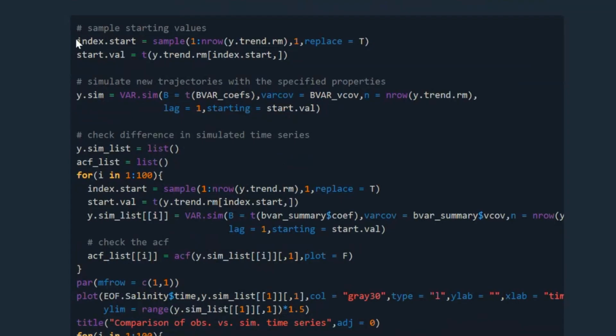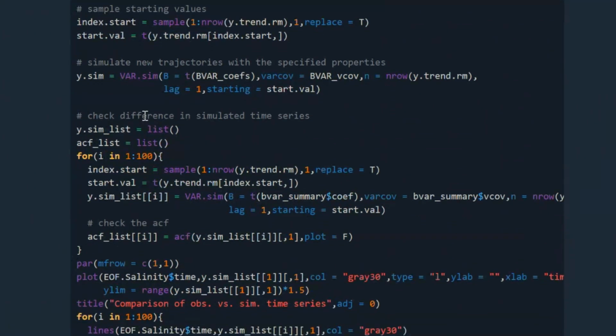And so there I sample a starting value. Here I sample just one starting value from the trend removed time series, and put it into the function var_sim, which is from a different package.